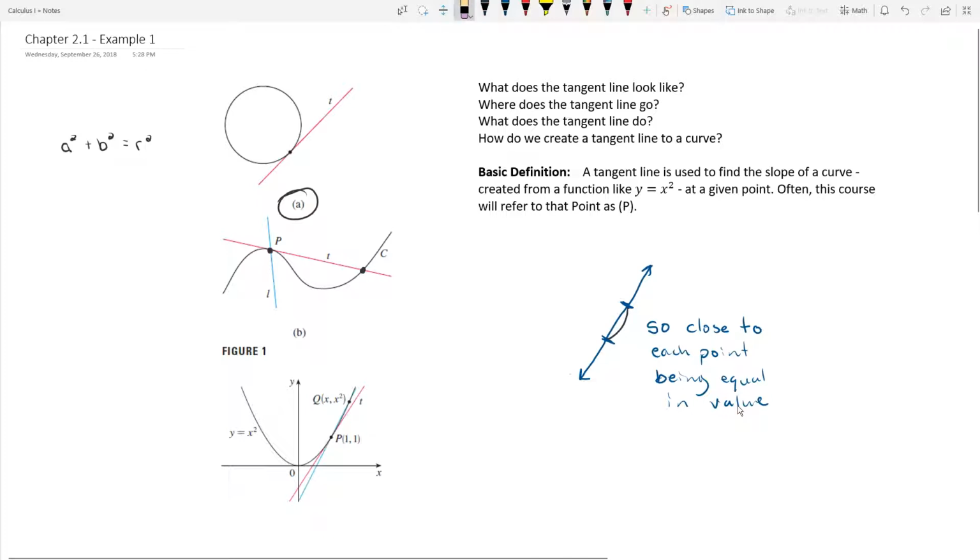And what calculus is basically going to show us is that as my point for a secant line gets closer and closer to my point P, it becomes a tangent line.